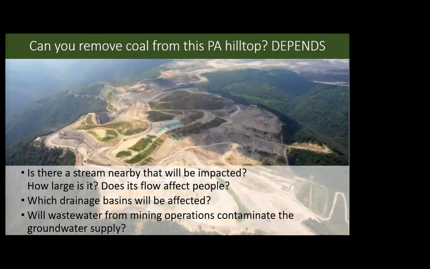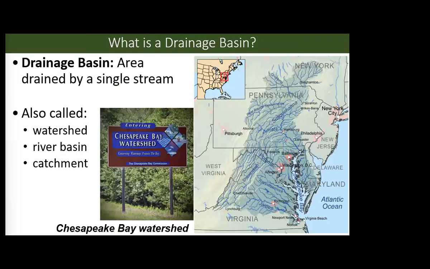So if there's a stream nearby and it's defined as a stream, that stream is enabled for protection. And then that mining company has to take into account whatever mining that they do, if anything will happen to the stream nearby. If it's not defined as a stream, they don't have to worry about it as much. They just have to do whatever it is to protect proper water sources that are defined nearby.